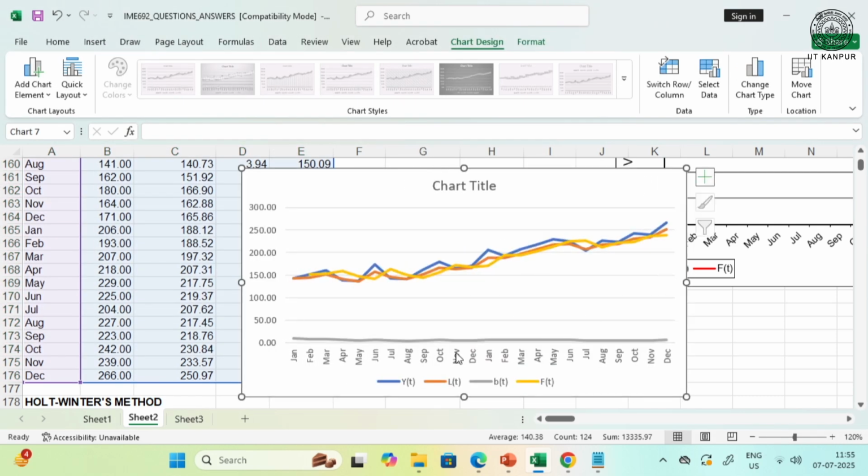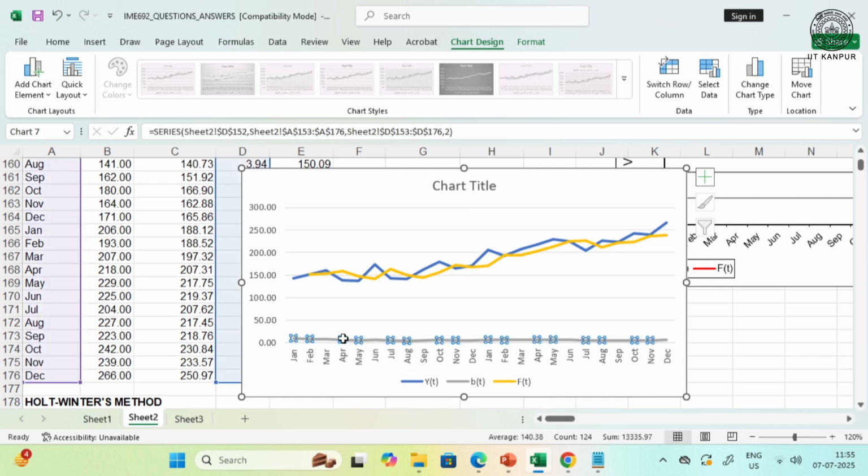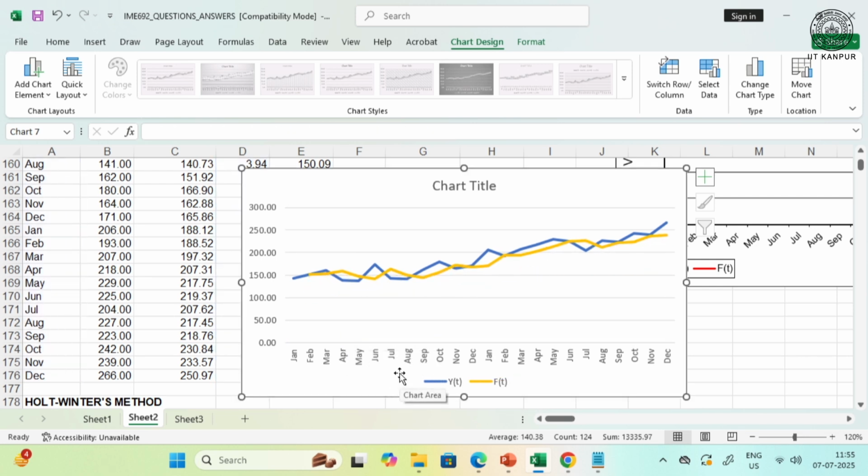YT is required, LT is not required, which is the orange one. Let me try to delete it. It is done. BT is also removed. Now you have YT and FT, which is the actual value and the forecasted value.